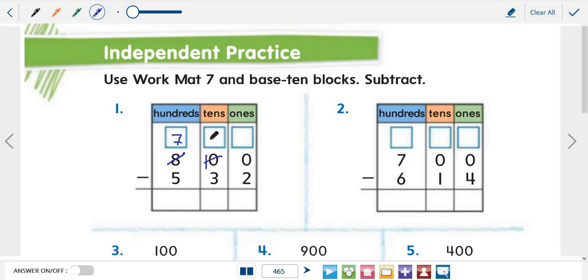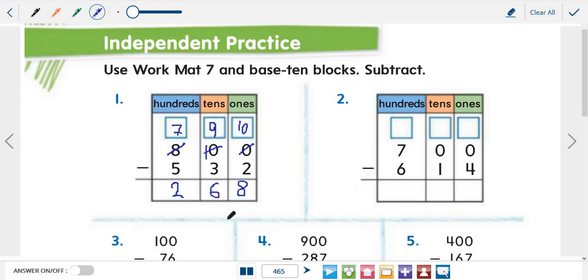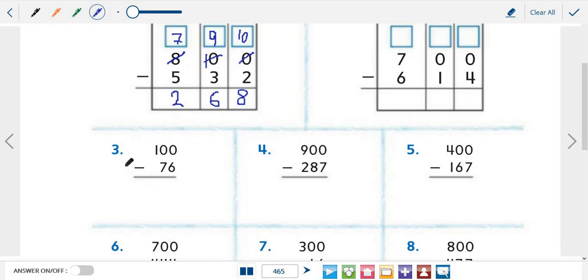So this 10 is gonna be 9. And this 0 now is gonna be 10. Now we can subtract. 10 minus 2 equals 8. And 9 minus 3 equals 6. 7 minus 5 equals 2. So the difference is 268.